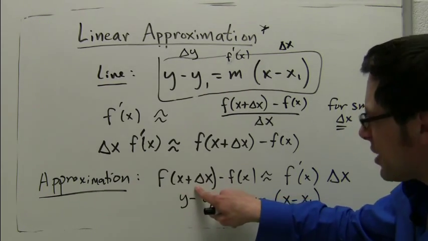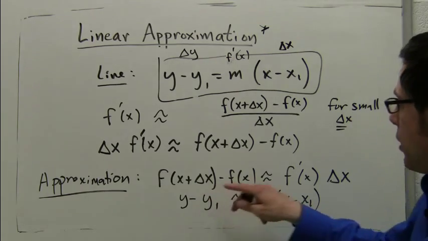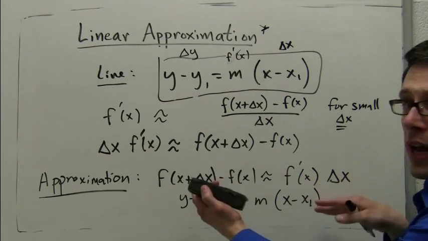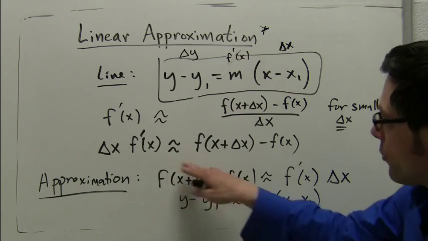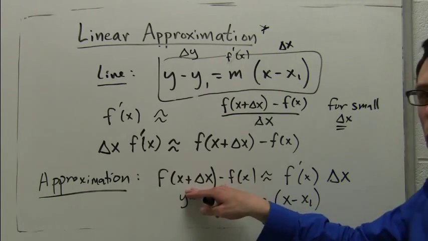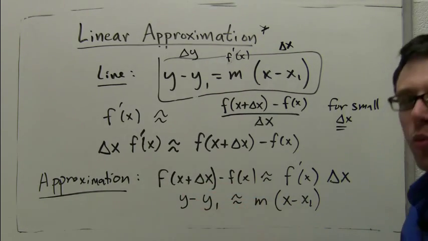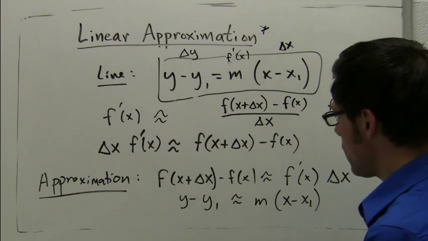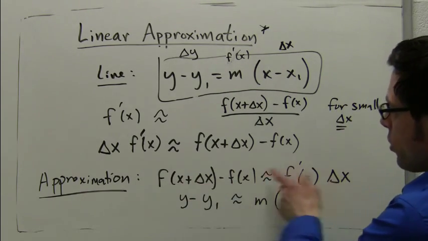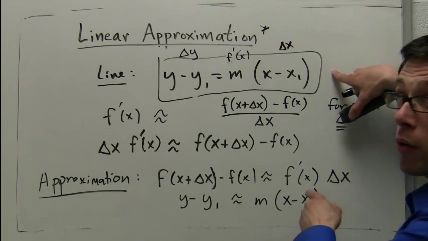So f at x plus a little bit more can be rearranged. I can rearrange this to get some expression for f of x plus a little bit more. That's what I'm trying to get at. Okay? Let me rewrite this so it looks a little bit nicer. Again, recognize that this is really the equation of a line that I've got up here already.